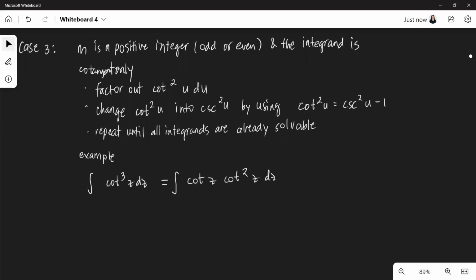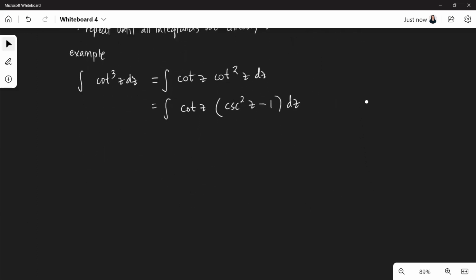Then express this as cosecant squared z minus 1. All right, and then multiply cotangent z and cosecant squared z, then minus cotangent z dz. So we can easily integrate this.